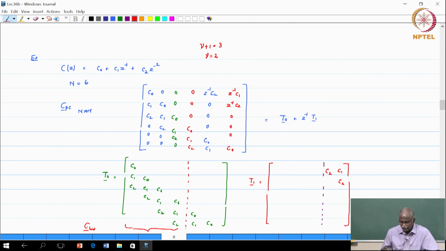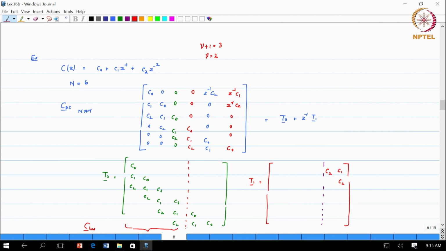Okay. So, what did we get as the dimensions? You can verify that it is an n cross m matrix, which is what we refer to as C low.